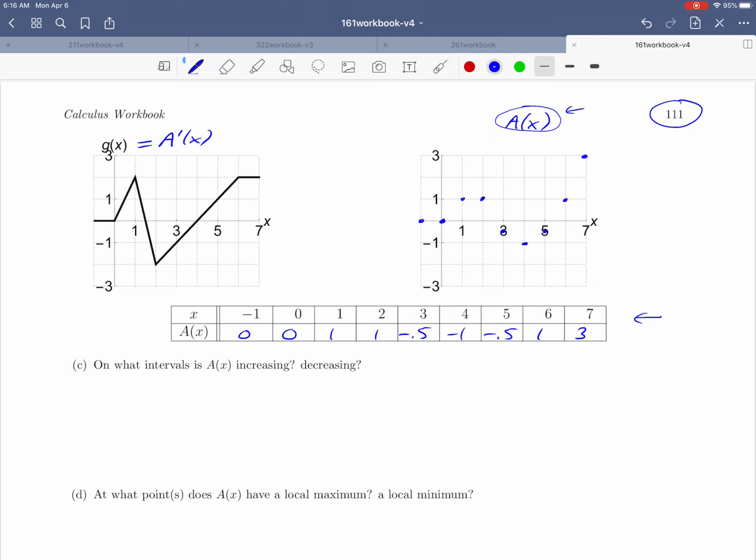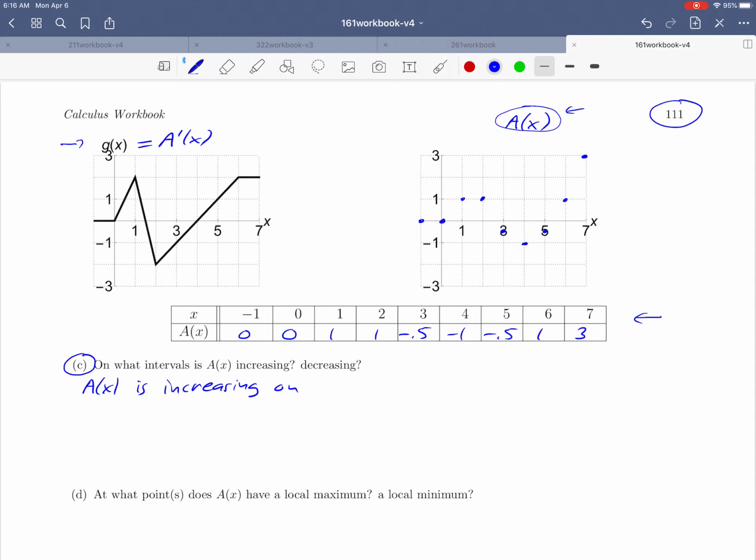All right, so that said, let's start with part C of this. They ask us on what intervals is the function a of x increasing and decreasing. Let's start with the increasing part of that. Well, what we have to help us answer that question is the derivative of a.